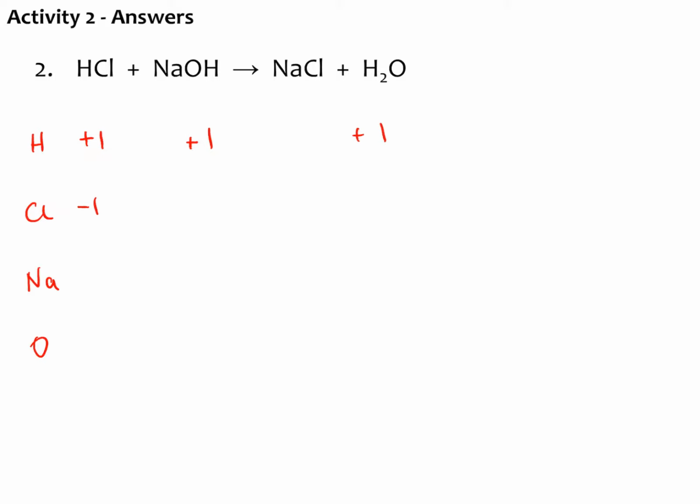The chlorine is -1 in HCl and -1 in NaCl. The Na is group 1, so that is always +1 on both sides. And the oxygen is not bonded to F and not in a peroxide on either side, so is -2.